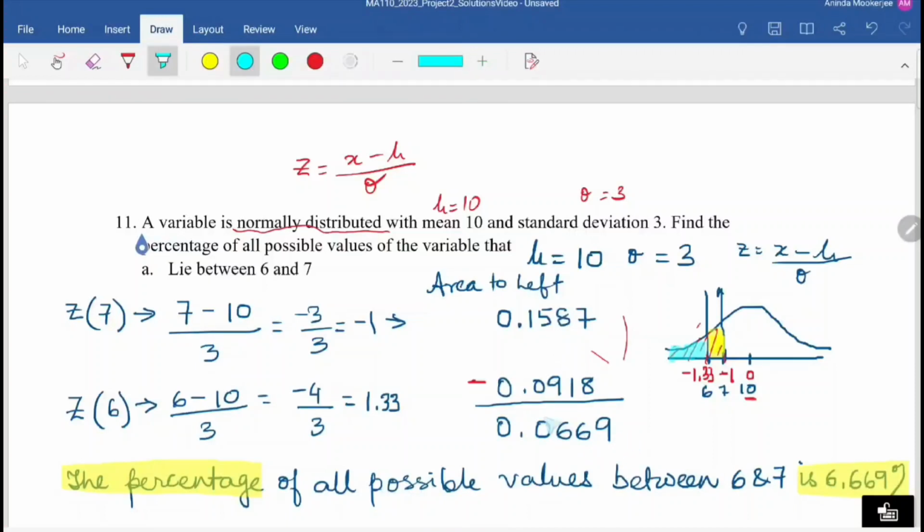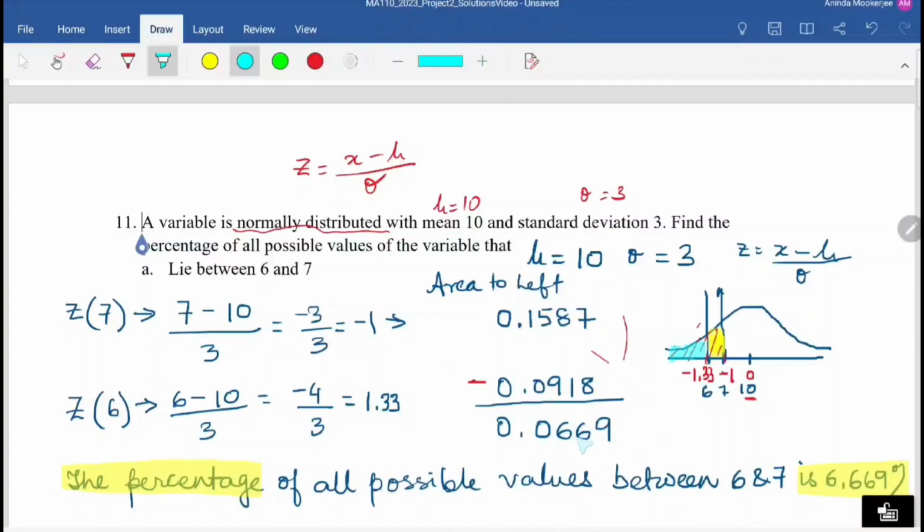0.0669. When you do the subtraction, and the question asked us for percentage, make sure you're answering the question accurately. If they've asked for percentage, then give the percentage form by converting 0.0669 to percentage.